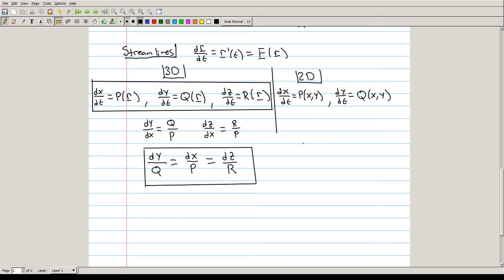And in 2D, we have the exact same process that we can go through to get that dx over p will always be the same thing as dy over q.